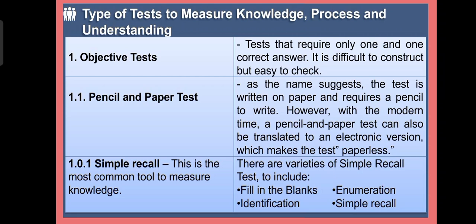Objective tests are a type of assessment that measures your knowledge or skills in a specific subject area. These tests typically have multiple choice questions, where you choose the correct answer from a list of options.